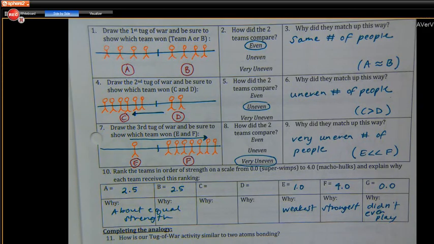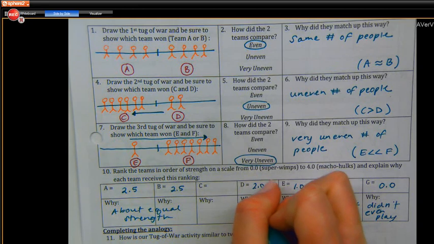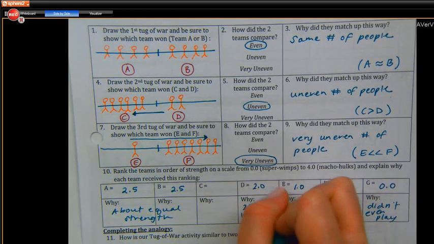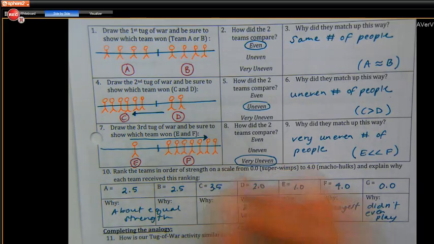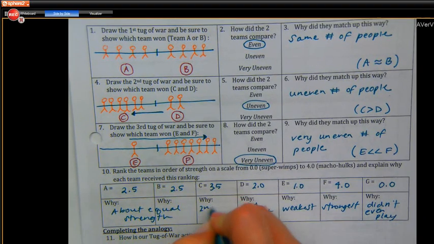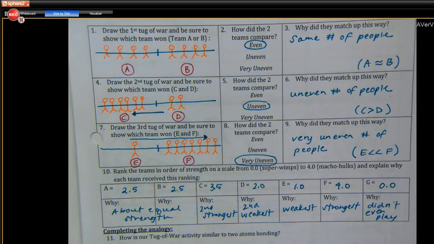Thinking about all of this idea of a tug of war that we're looking at here, we're trying to give you an analogy of two atoms bonding, right? Where the center line you are tugging against is the electrons that are being shared in a covalent bond, or in a bond, if you want to say.